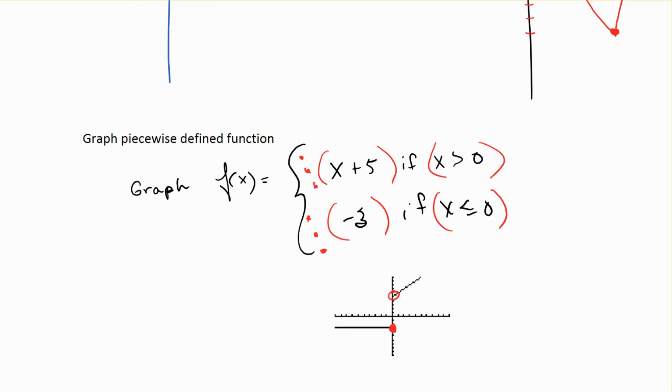Okay, I skipped this one. This is graphing a piecewise function. And when you're given this, you're probably not going to have these parentheses here. So let me take those off for a minute because I want to show you what it would look like in your test.